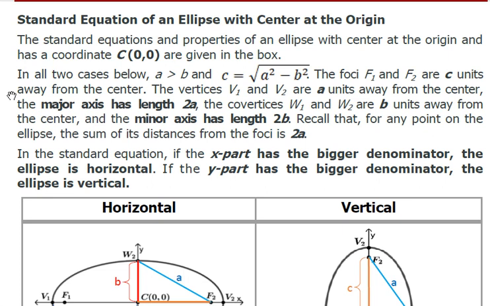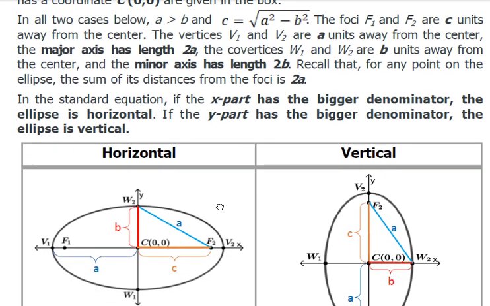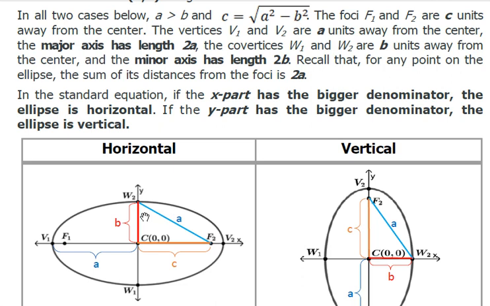And the major axis has a length of 2A. So we have the two vertices here, and that determines the distance A.